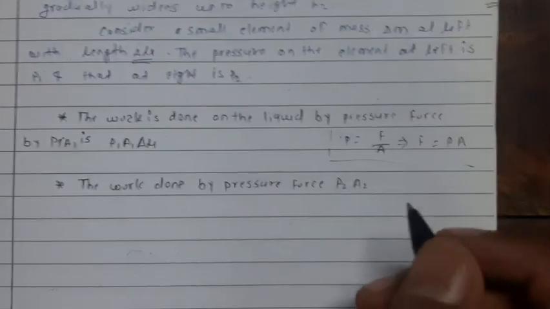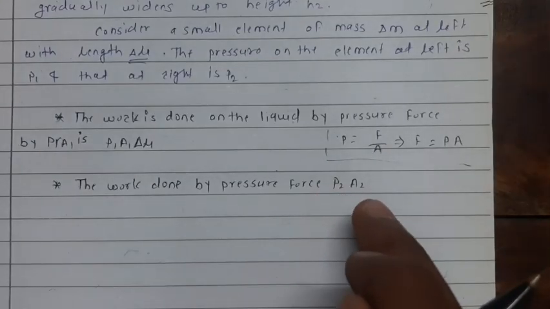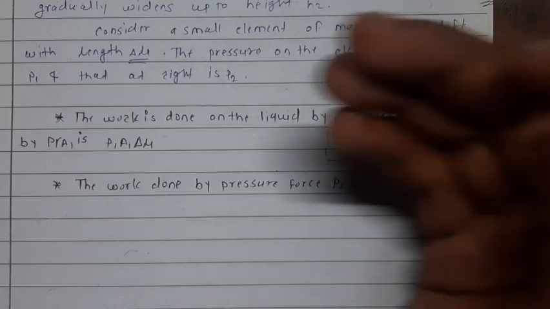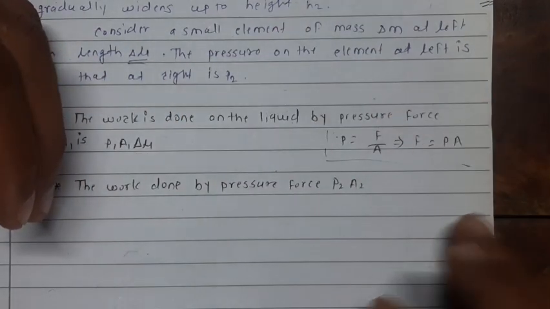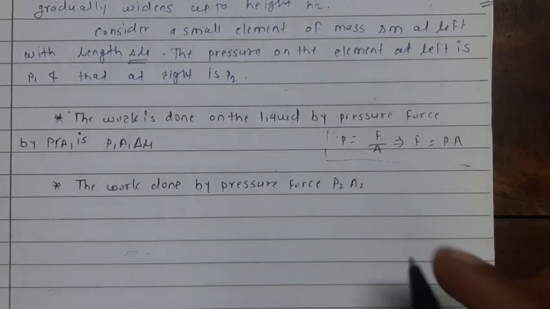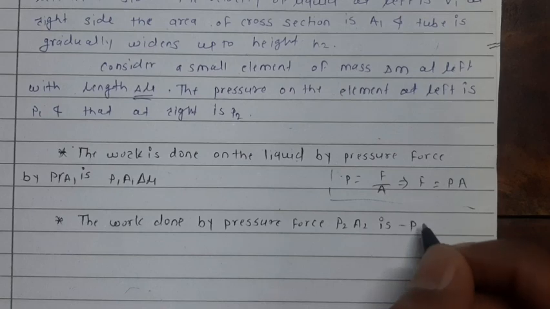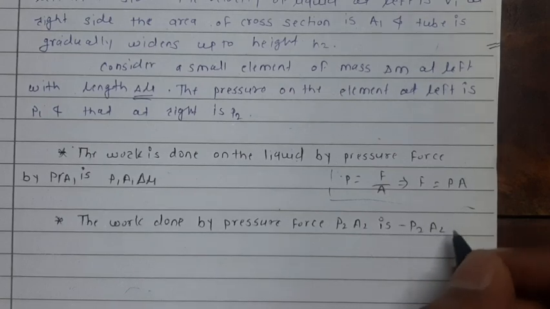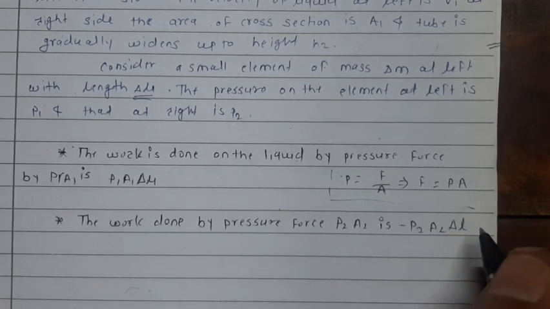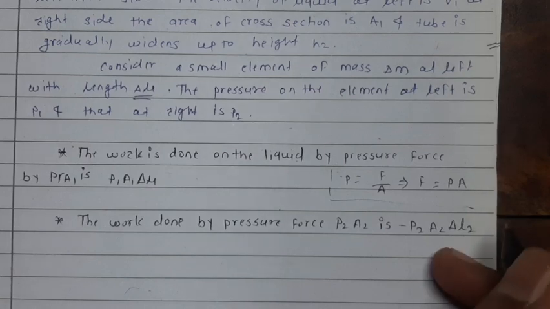So this pressure force is doing work in the opposite direction. Displacement and force are in opposite directions, so this work done has to be negative. So it is minus P2 A2 delta L2.